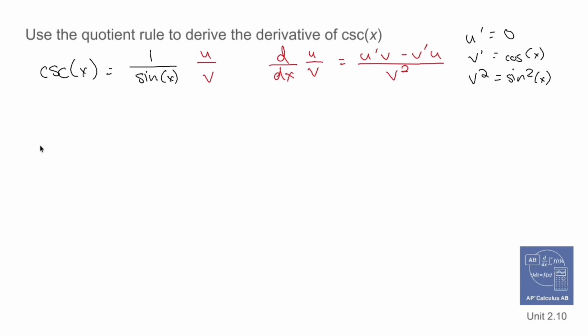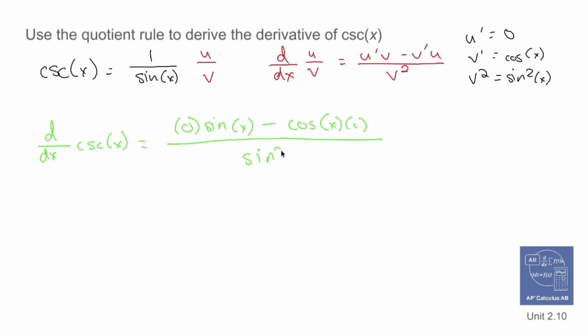The derivative of cosecant x is going to be u prime v, so 0 times sine x, that'll be nice, minus v prime u, so cosine x times 1, all over v squared, which is sine squared x.